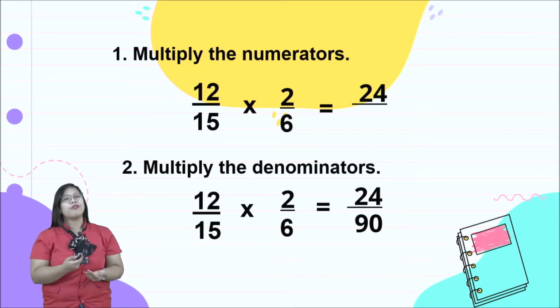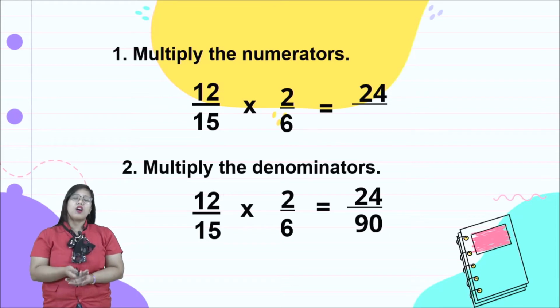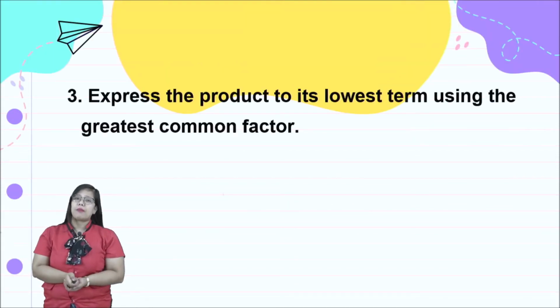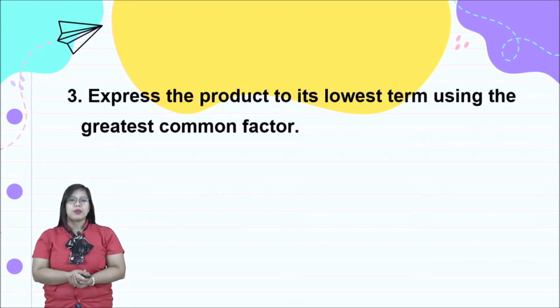Again, after we find the product of the numerators, we proceed to the denominators. Our denominators are 15 and 6, and when we multiply 15 and 6, the answer is 90. The third step is, if possible, we need to express the product to its lowest term using the GCF. Our answer a while ago is 24 over 90.